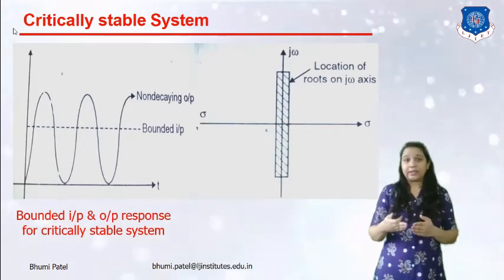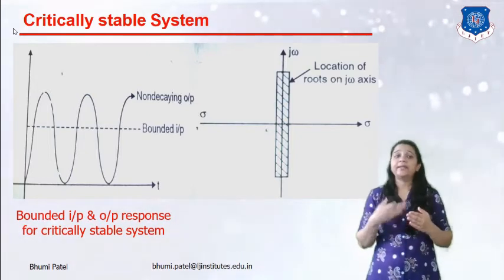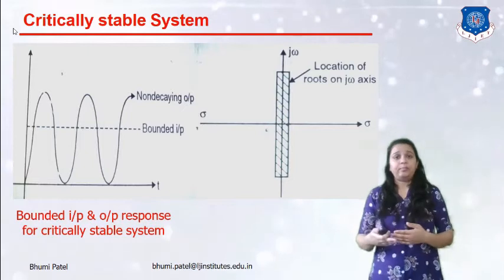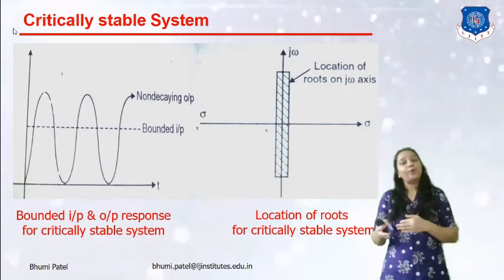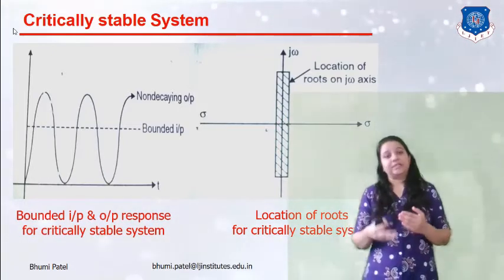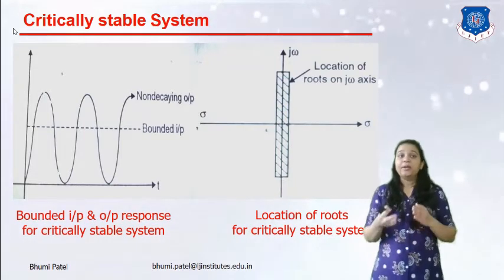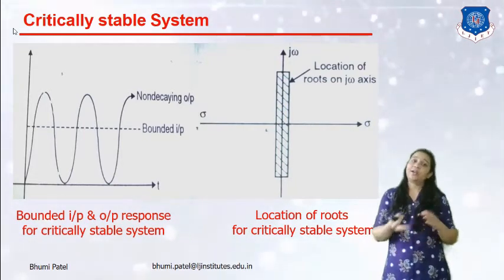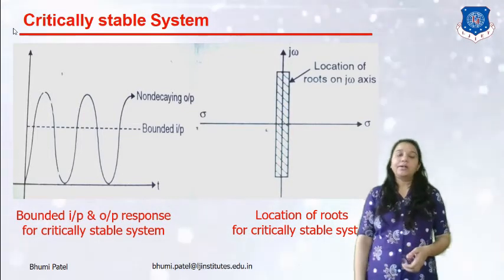In this system the root locations are always on the imaginary axis, that means on the j omega axis. If the poles lie on the j omega axis, this type of system is known as the critically stable system. That means this is not a stable system and not an unstable system.